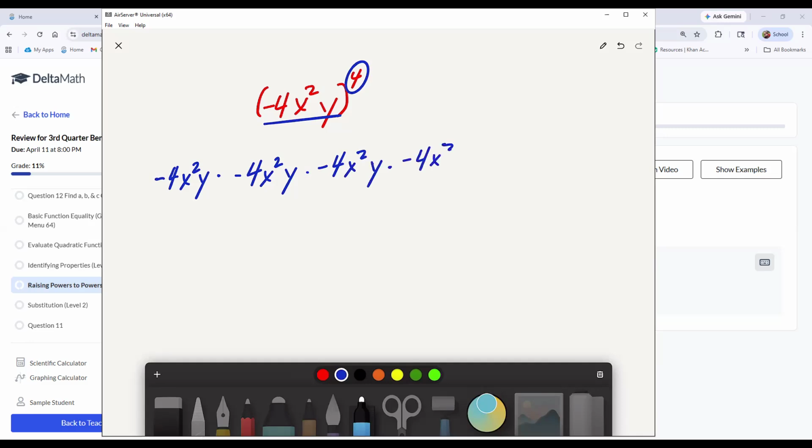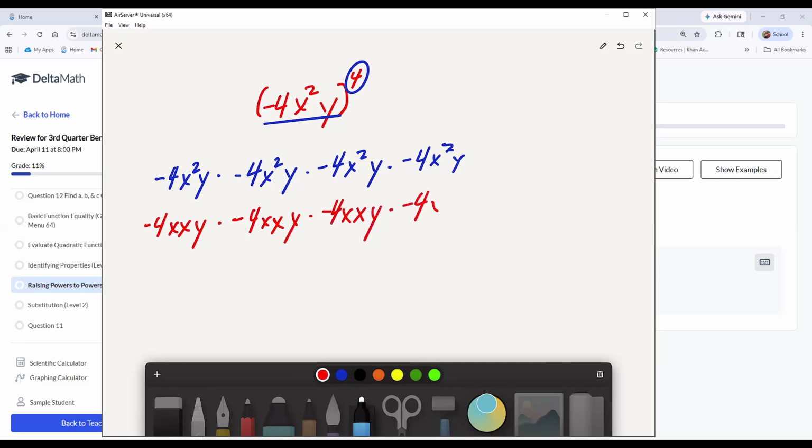So we have 4 copies of the same thing. 1, 2, 3, 4, right? Now, if you want to, you can expand out the x's too. I'll go ahead and do that. That means there's going to be 2 x's, 2 x's, 2 x's, and a y, 2 x's, 2 more x's, right?